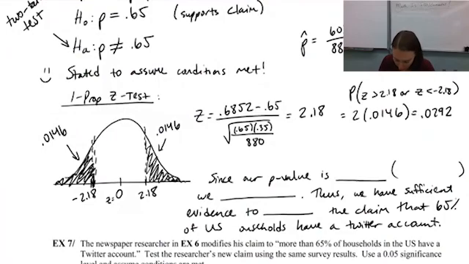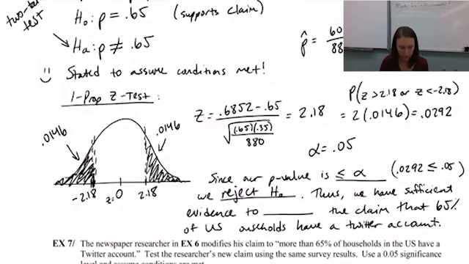Now, our alpha level, again, was 0.05. We need to state it before we talk about it. Now, if you state it in your conclusion statement, that also is fine. So if our p-value is less than or equal to alpha, in this case 0.0292 is less than or equal to 0.05, then we need to reject H naught. All right, so we rejected H naught.